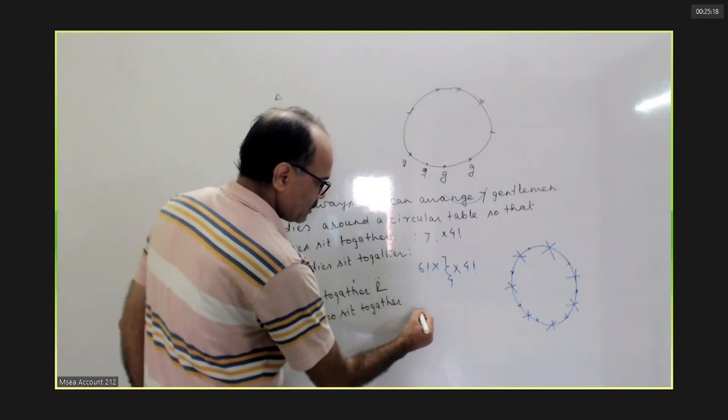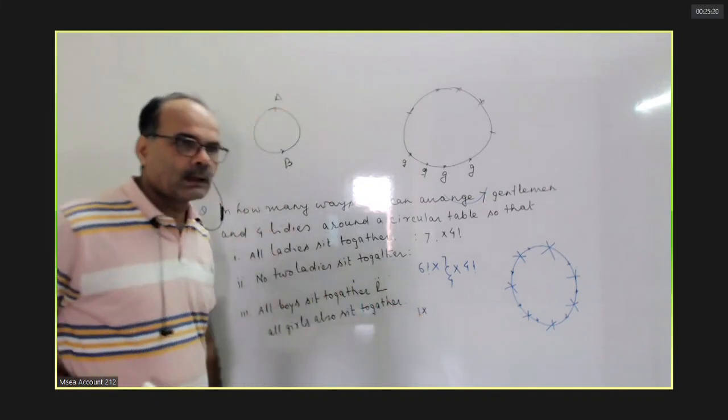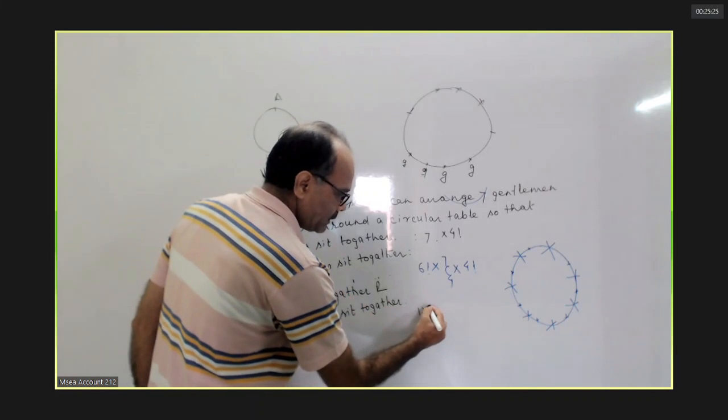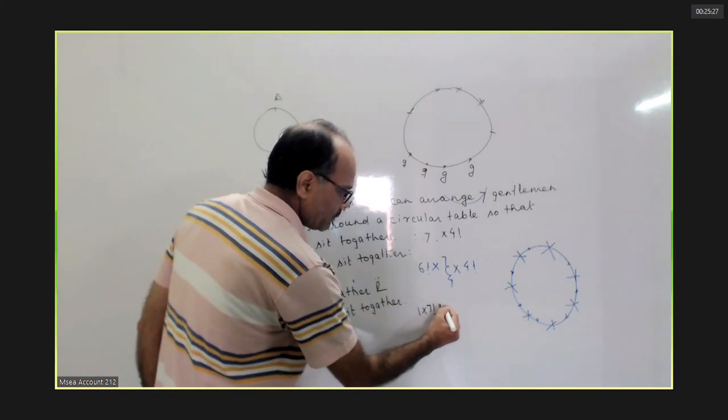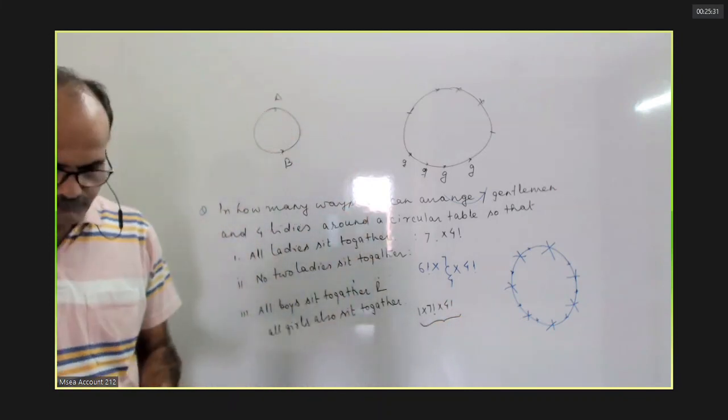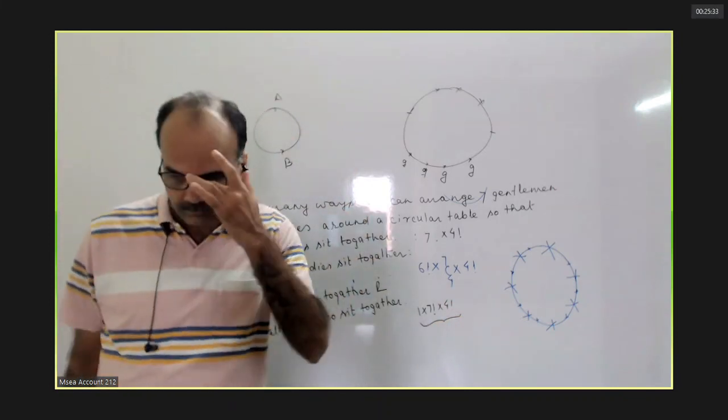If you put B here, A here, or the other way, it is the same. So that is 1 into. Now boys can be arranged among themselves. Work is not completed. 7 factorial into 4 factorial.